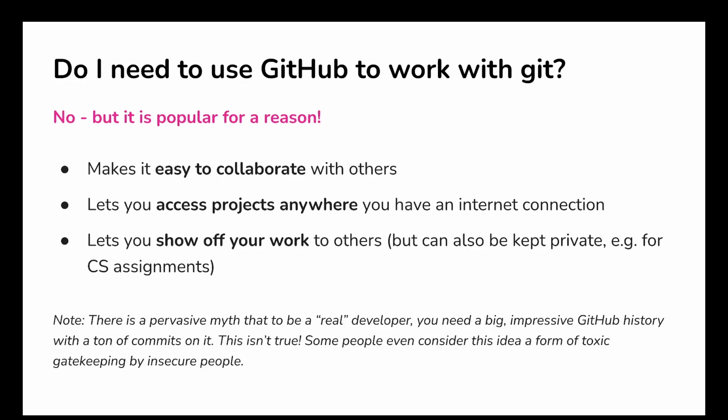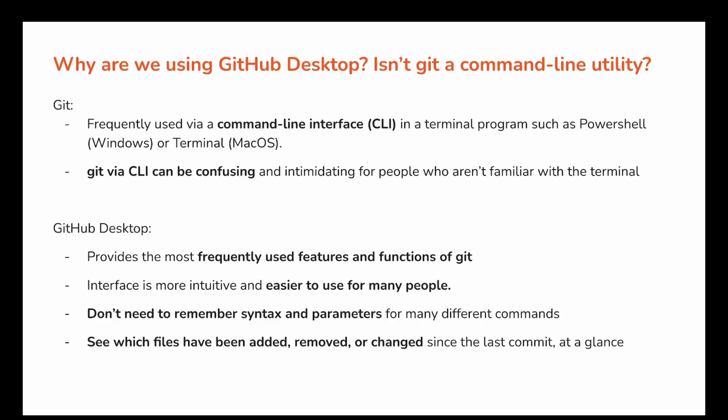So we are going to be working with GitHub Desktop, which is an application you run on your desktop or your laptop computer that is a little easier to use than the typical form of working with Git, which is on the command line or through a terminal. If you're not already familiar with a terminal, it can be really confusing to even understand how to work with a typing-based interface and then to learn Git on top of learning how to use the terminal.